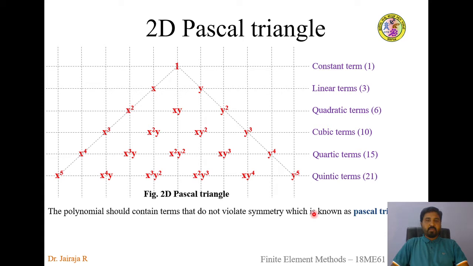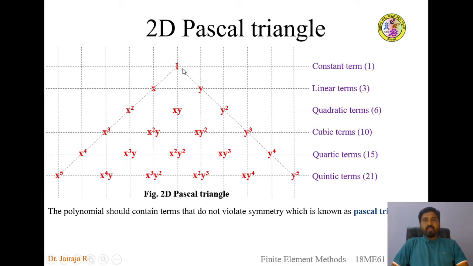So this 2D Pascal triangle, I can use it for plane stress and plane strain condition. This type of Pascal triangle can also be used for axisymmetric problem. Only thing we need to change x and y with r and z. If I change x and y with y and z, I can use it for plate bending element problem.